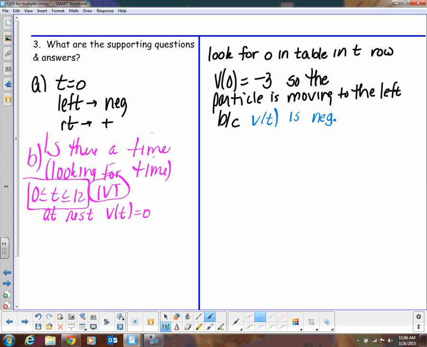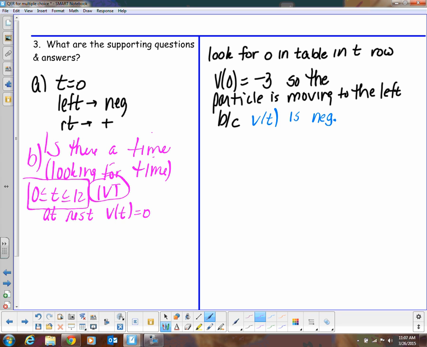Why is mean value theorem not an option here? Mean value theorem involves algebra 1 slope and derivative. Derivative of velocity is what? So if you're doing algebra 1 slope to this table, what are you finding? Acceleration. And what do we need? Velocity. Why is extreme value theorem not an option? It has nothing to do with max and mins.